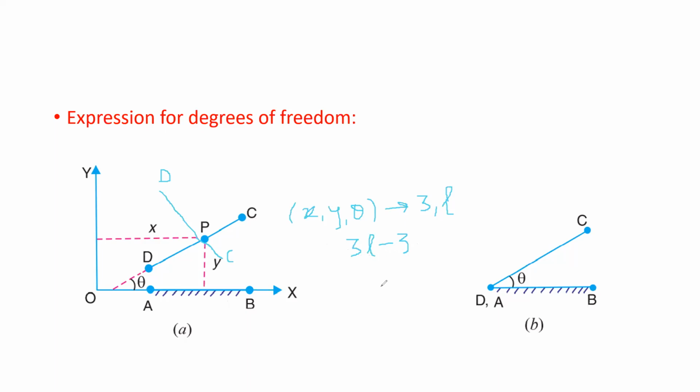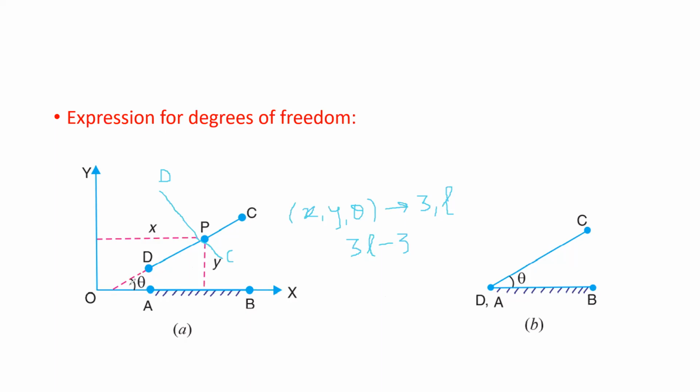Now you know that in any mechanism the links are not free; they are joined together with each other. So if you join the links, will their degrees of freedom get reduced? For example, here the link DC is free.